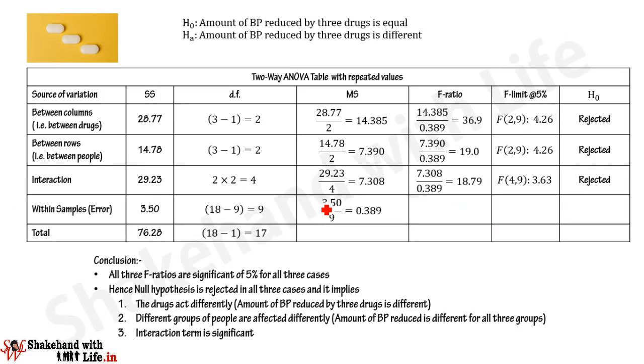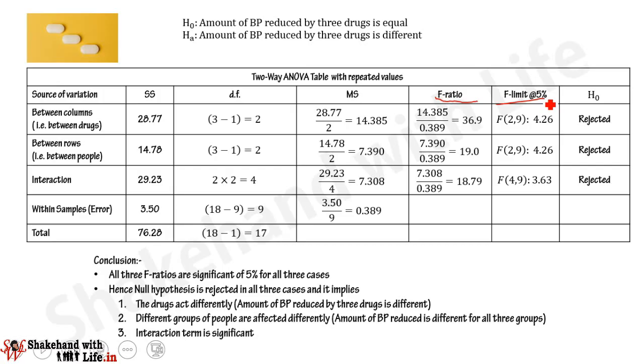Okay, now we test the null hypothesis by comparing the F ratio and F limit for all three factors. The first factor is the effect of drug, and the second factor is the effect of how the people are affected by three drugs, and the interaction between the drugs and the group of people, right?